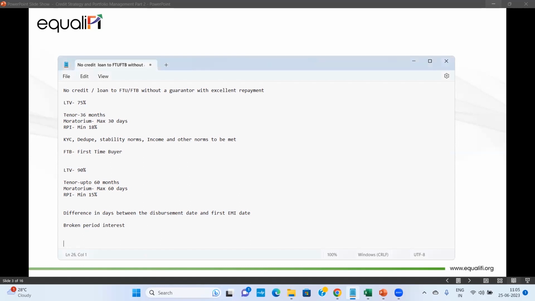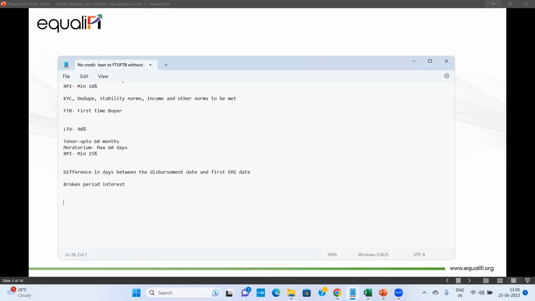Correct. So now, for an example, I have to give a moratorium of 30 days. I have due dates on 1st, 5th, 10th, and 15th. My disbursement date is 25th of June. So when is my first EMI going to get hit? I have a moratorium of 30 days.